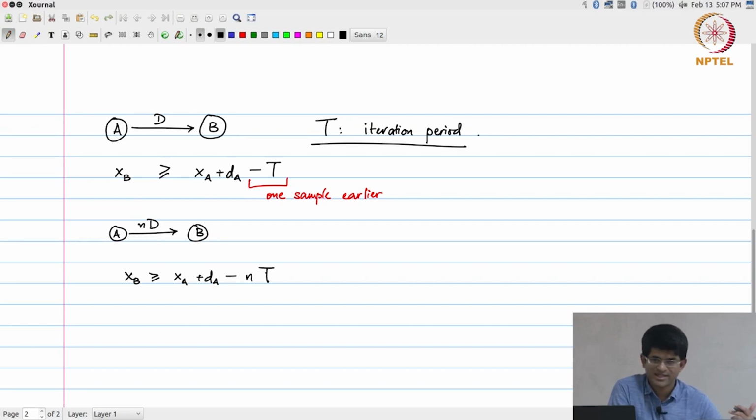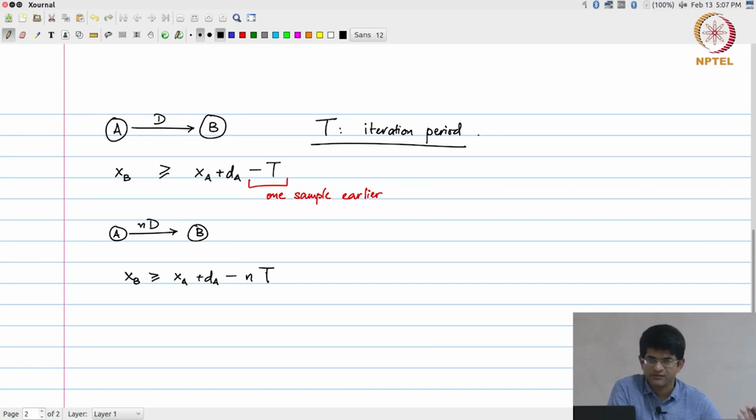Okay. So, first question, can t be negative? That does not make sense, right, because by the very nature of the iteration period, it is saying that this is the time between one iteration and the next iteration. So, by definition pretty much it has to be non-negative. Okay. So, now that we know that t must be greater than or equal to 0, the question then becomes, can t be 0? Okay.